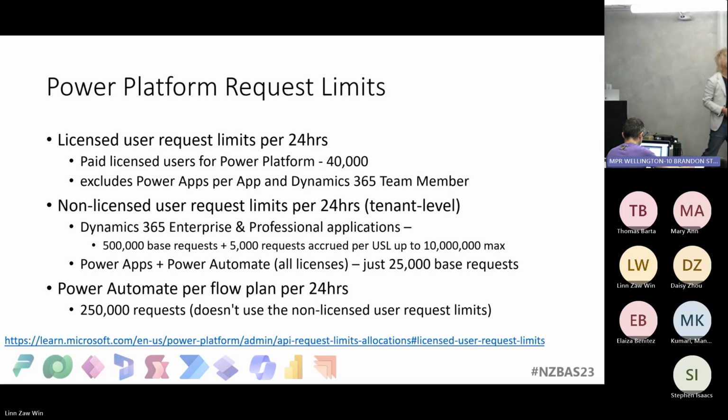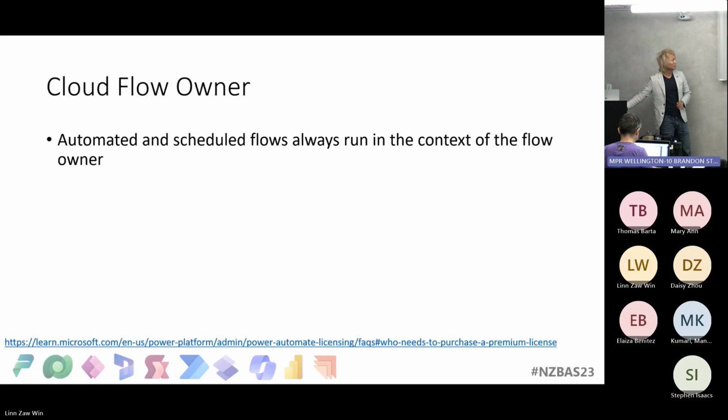And that does not use the non-licensed user request limit, because imagine you have a big organization across different departments. This non-licensed limit is shared at the tenant level, so you can't really restrict who is using that request. So, one thing to consider.